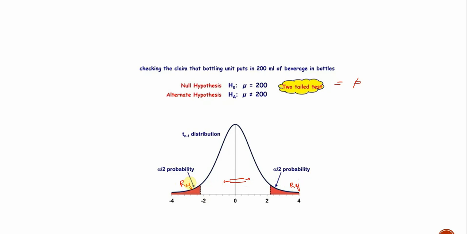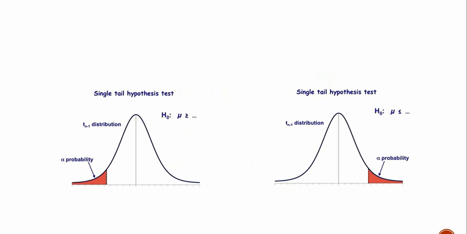So on both these sides, we have rejection region. Now, in single-tailed hypothesis test, the rejection region will either be on the left-hand side or it will be on the right-hand side. So, it will not be on both the sides of the normal distribution curve.